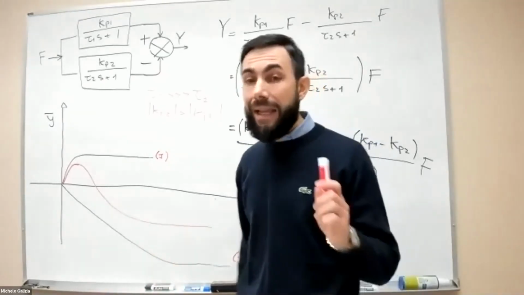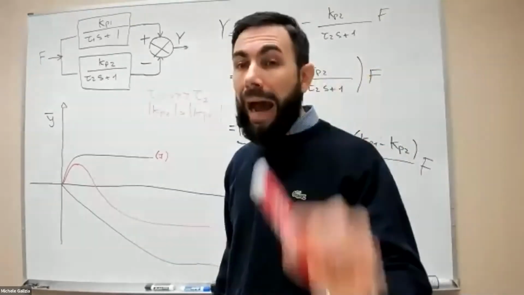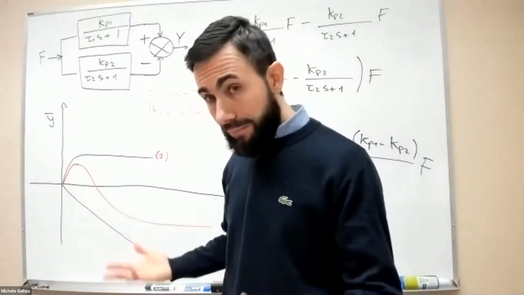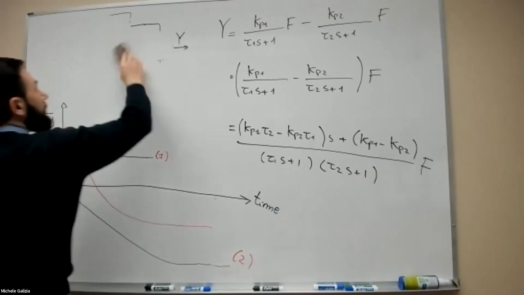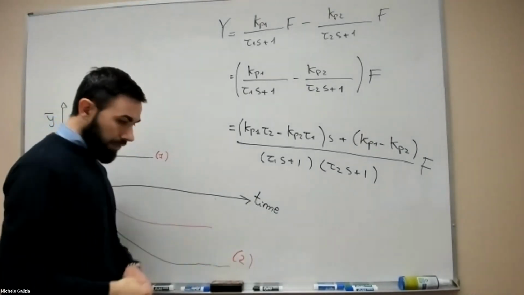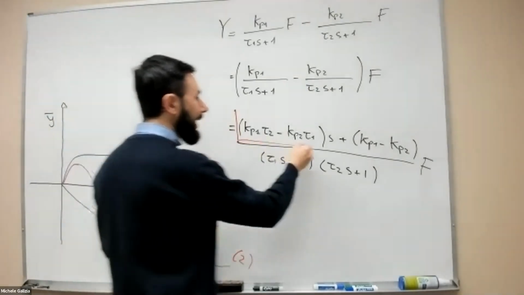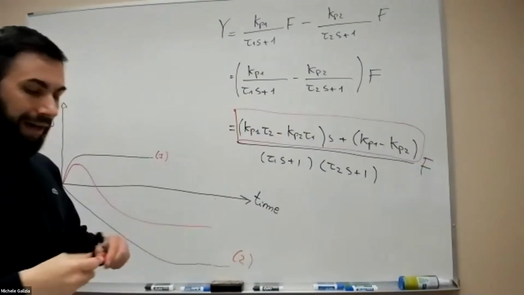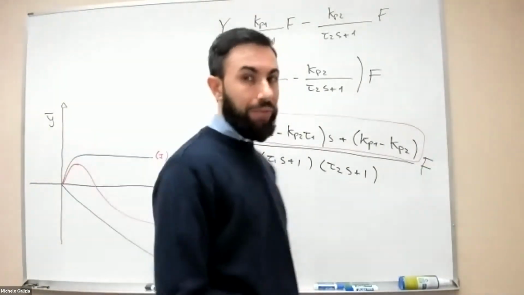Okay, now before we make an example, we want to generalize. Can we devise a general criterion to identify under which circumstance a system exhibits an inverse response? Simply, if you consider this generic transfer function, we may analyze this time the numerator. So far, we have always considered the denominator of the transfer function.